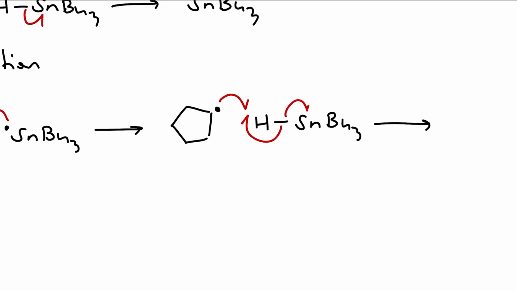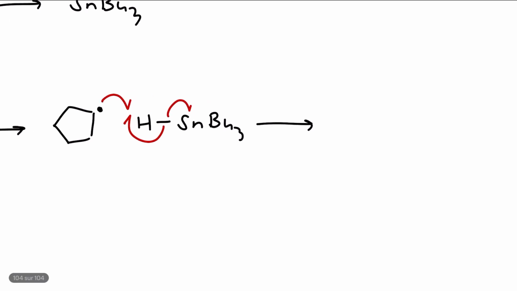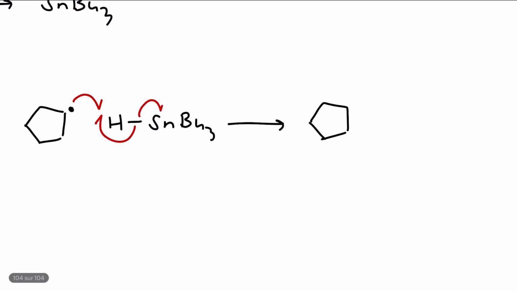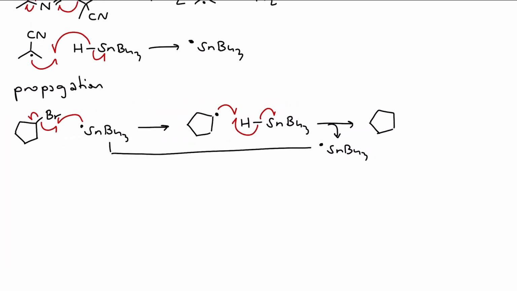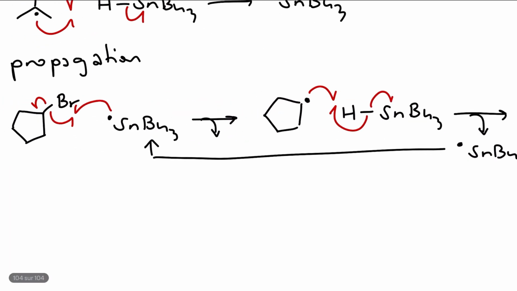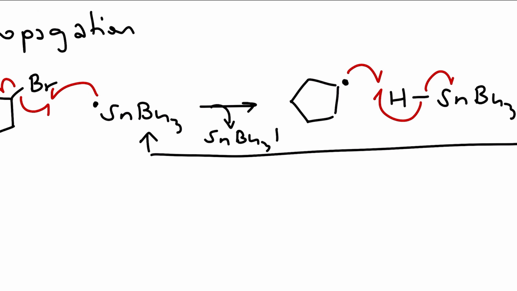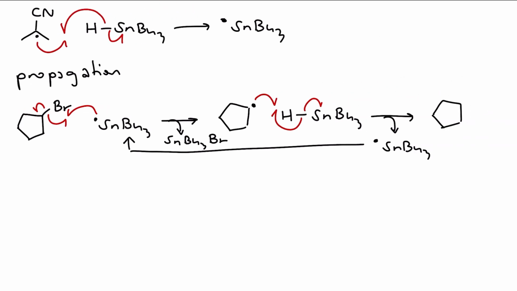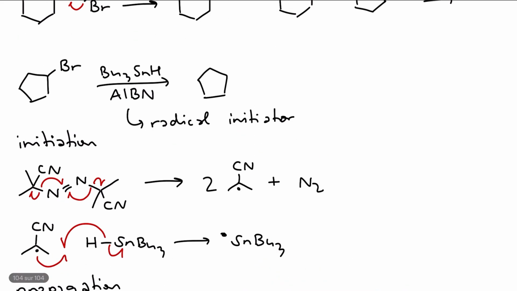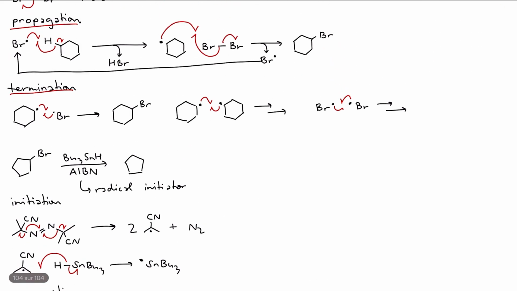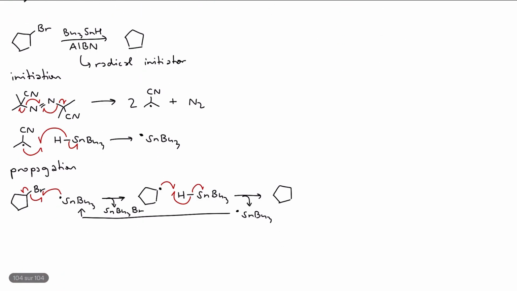I should say hydride, to give you the cyclopentane, right? And another tin radical, which can of course recycle back into this reaction. Might as well write it as the Sn. Okay, so that's the byproduct. As you can see, it's the same thing, right? The propagation step must have a radical that's being generated, which can be recycled to continue this chain reaction.